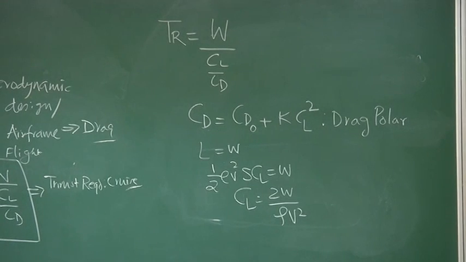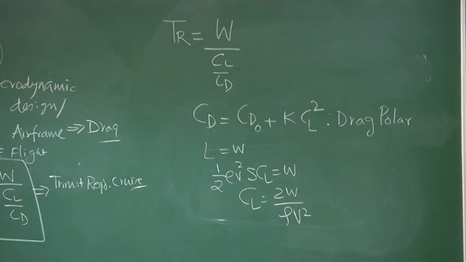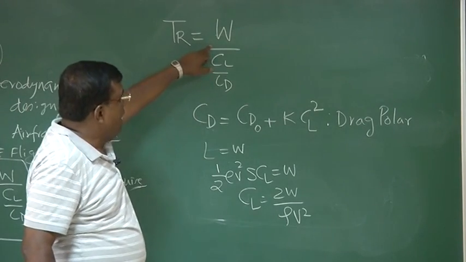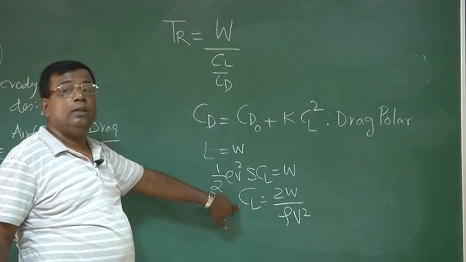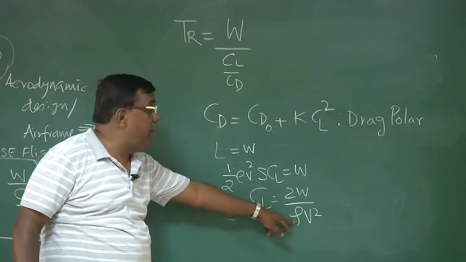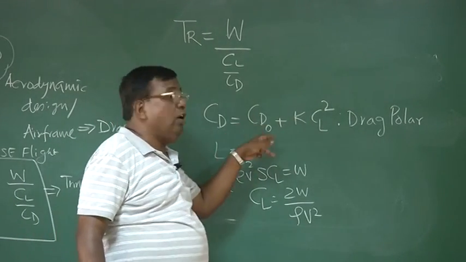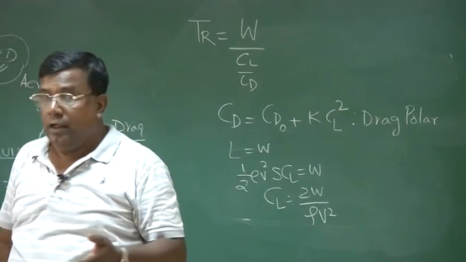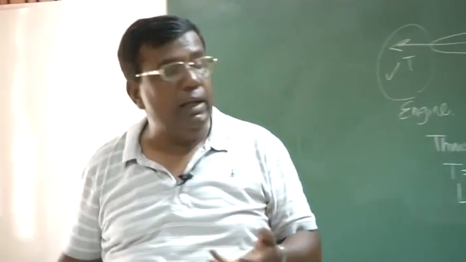So now again see this, what is our aim? Our aim is to calculate thrust required, right? So I know the weight of the airplane. I know what CL I should be flying at, because I know the speed and the altitude I will be flying. I know the value of CD naught, because this is constant for a given airplane.